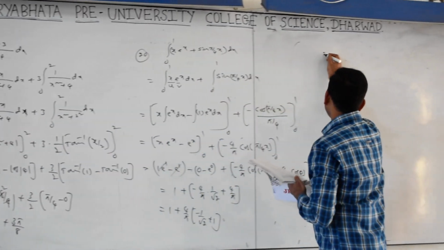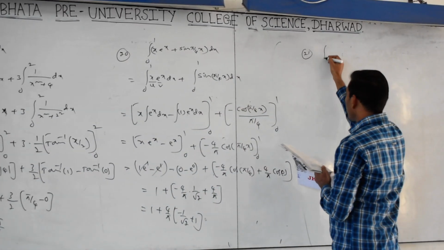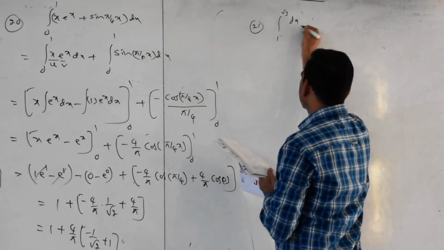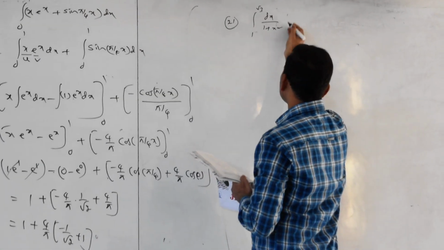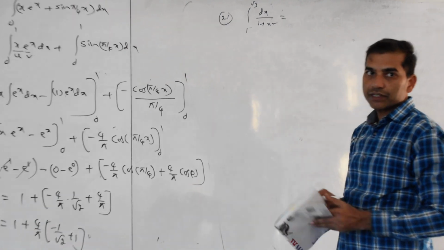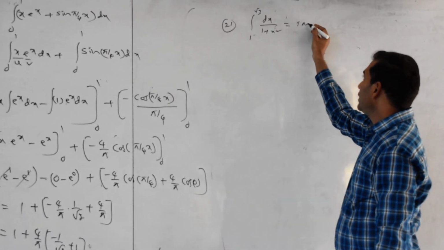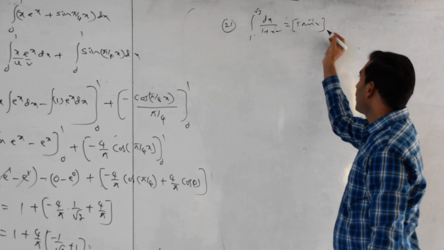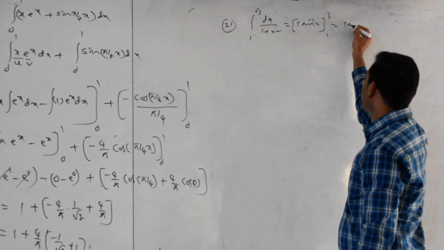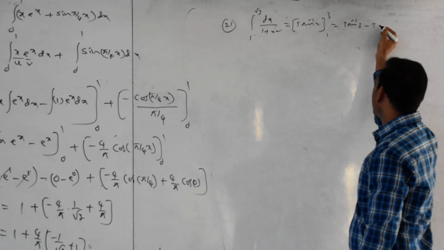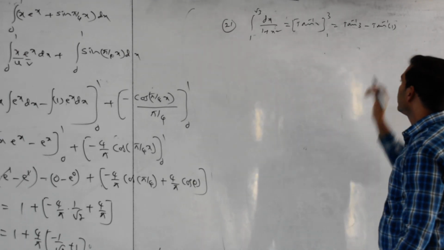Question 21 is easy, you can find it. This is integration of 1 to root 3 dx by 1 plus x square. 1 by 1 plus x square integration is tan inverse x. Apply limits: upper limit tan inverse of root 3 minus tan inverse of 1.